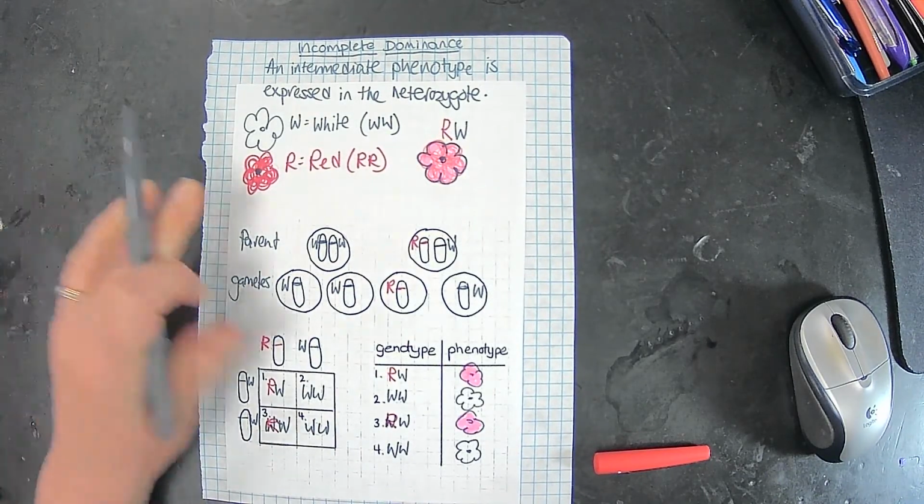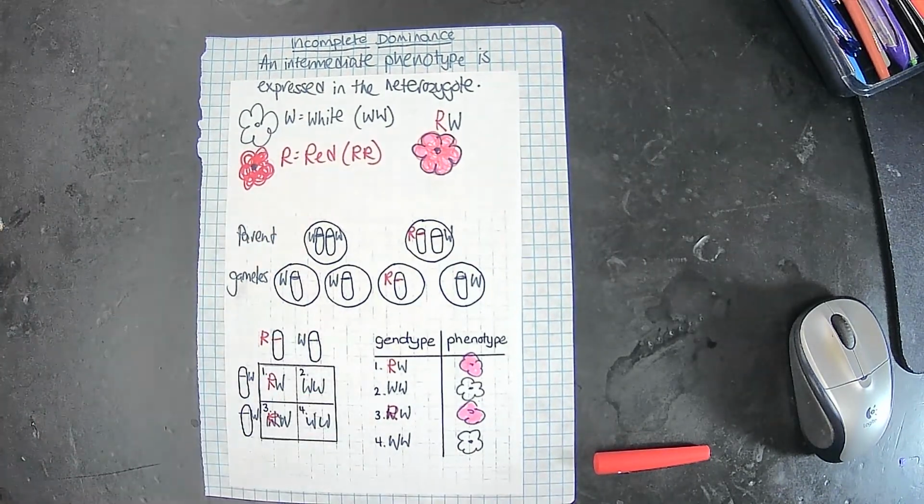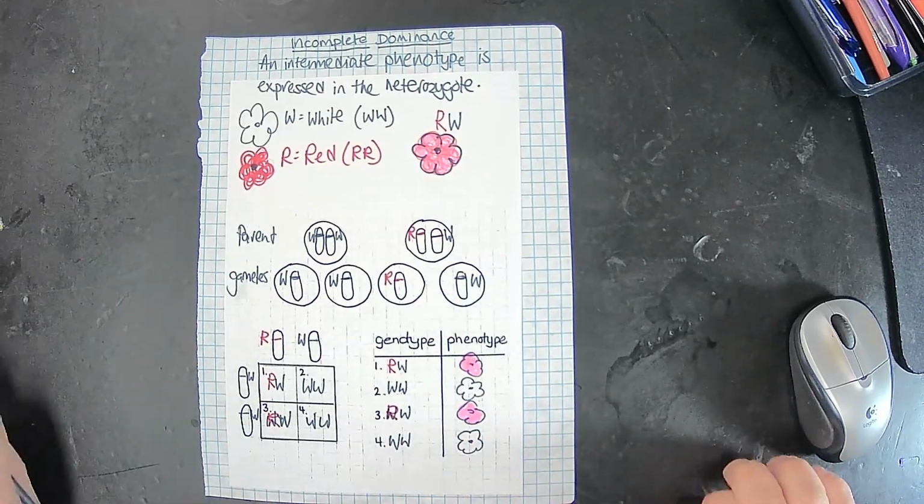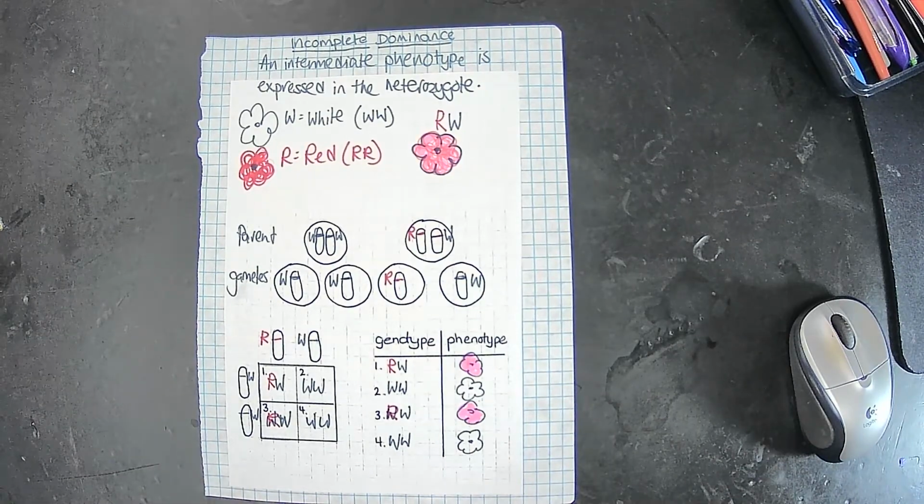So that's incomplete dominance. Sometimes you get it with some animals, like I want to say maybe rats show incomplete dominance, or mice do. And you could have a white mouse and a black mouse, and when they have babies, some of them are white, some of them are black, and some of them, guess what?